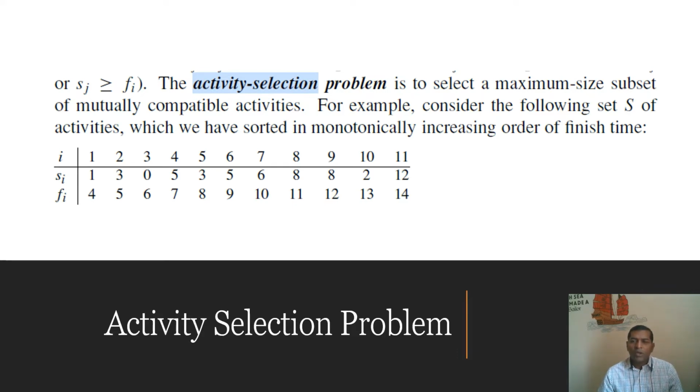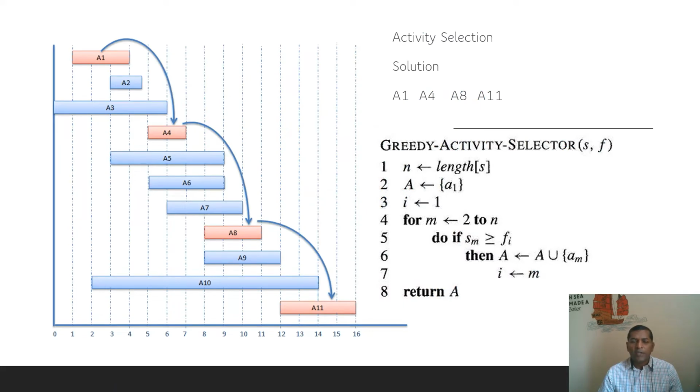When we want to solve this activity selection problem, we have to understand how this particular method works. We can think in a different way, solving the problem with respect to time. But we have a unique method for solving this.